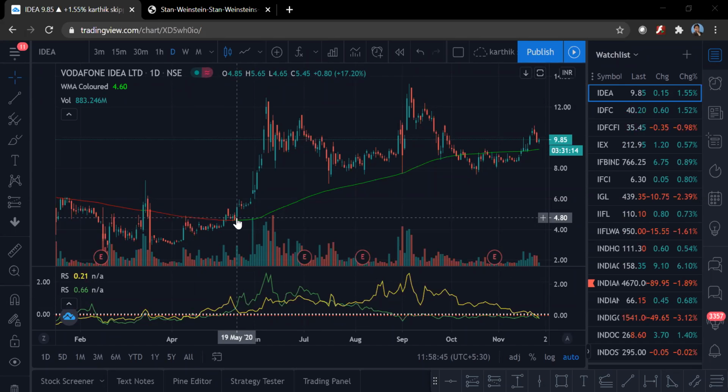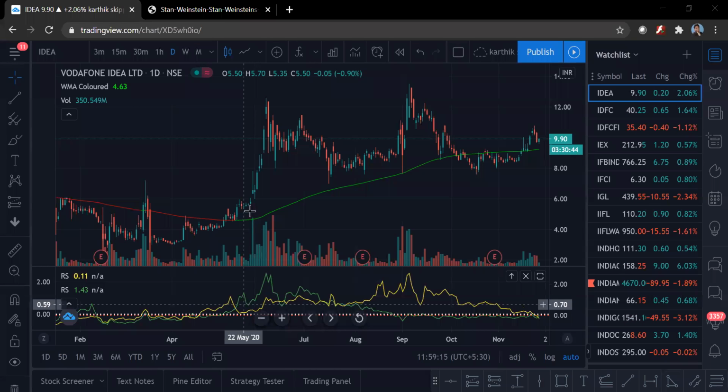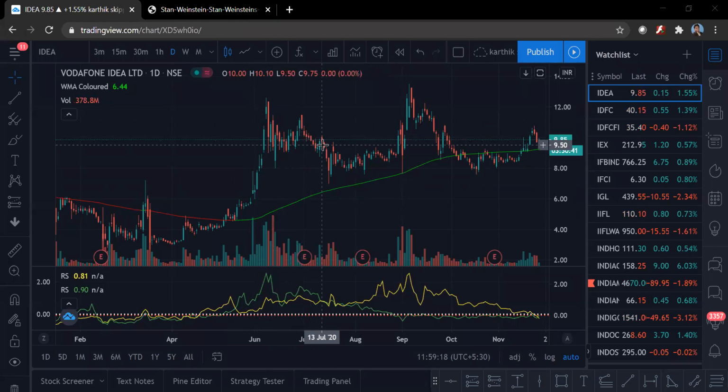On 19th May, the stock went above the 150-period WMA, and at the same time the indicator showed the RS periods above zero lines. That means the Vodafone stock is outperforming Nifty.